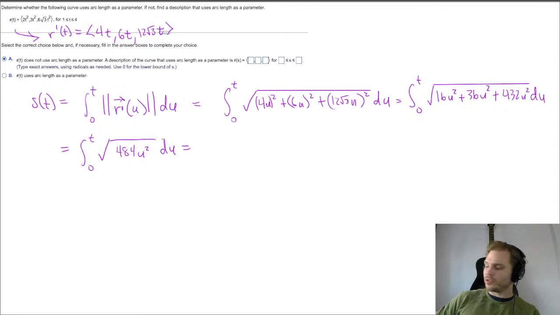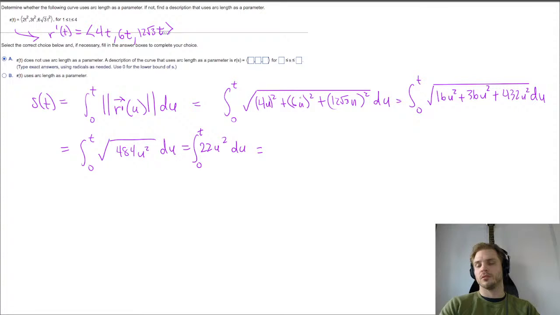And let's see, look at that, divide that by 4, and that would give us 121. So this is 2 times 11, which is 22 u squared from 0 to t du.